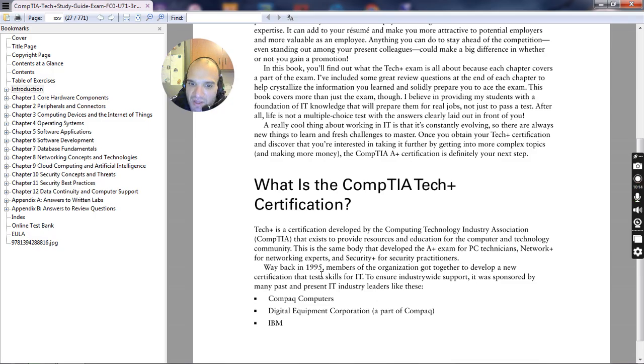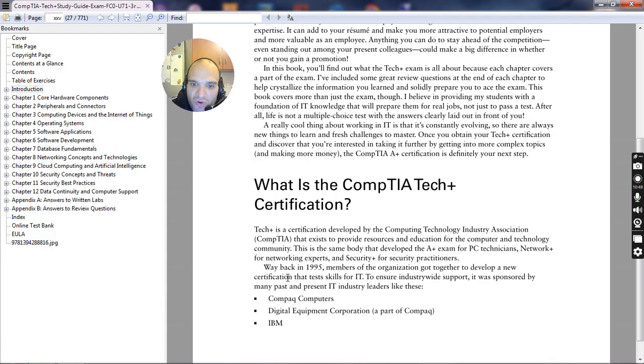This means that in that particular year the organization, the Computing Technology Industry Association, or CompTIA in short, was not in existence yet. But some organizations chose to create an independent industry association. So members of the organization got together to develop a new certification that tests skills for IT.